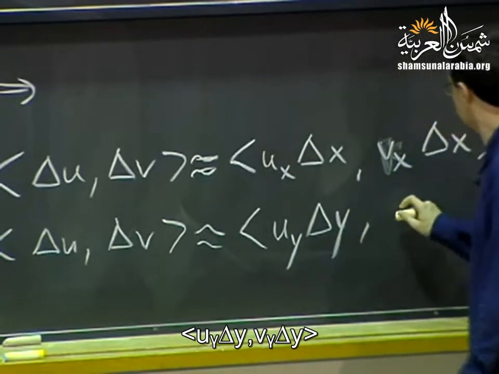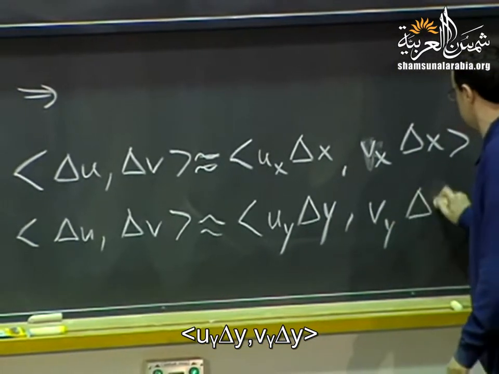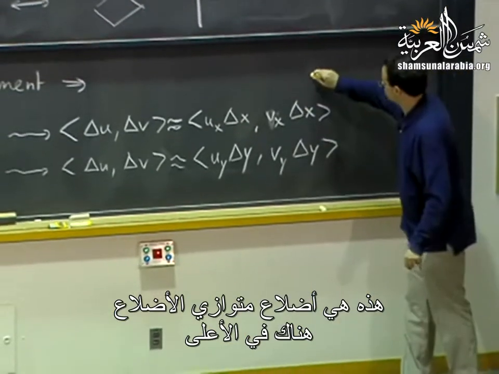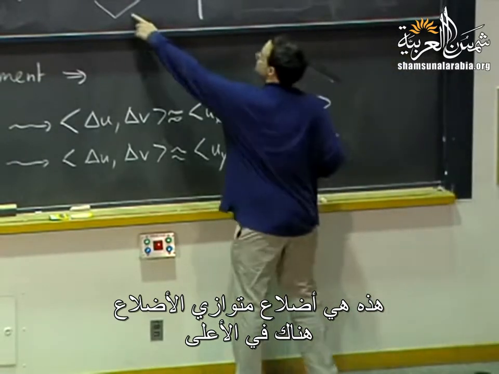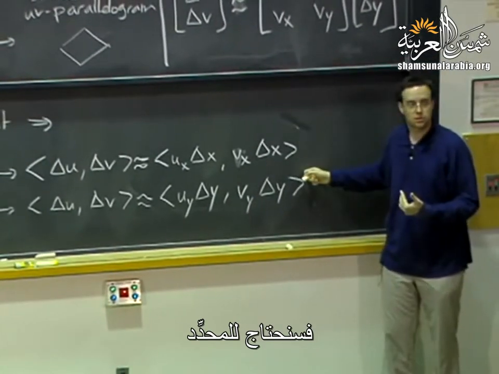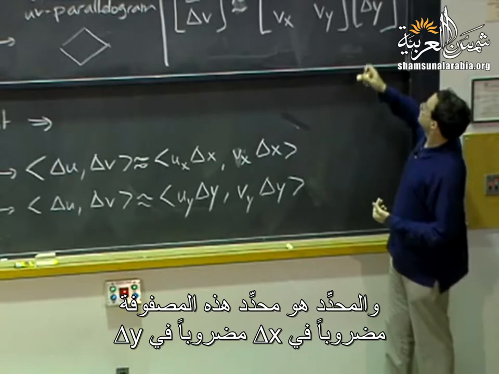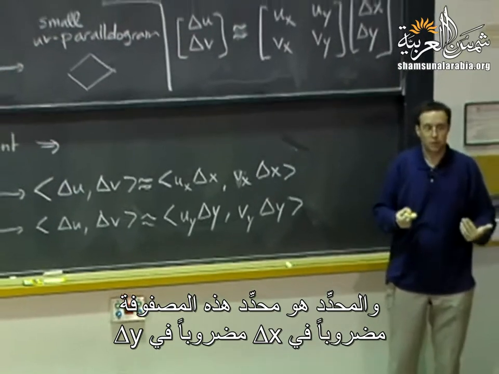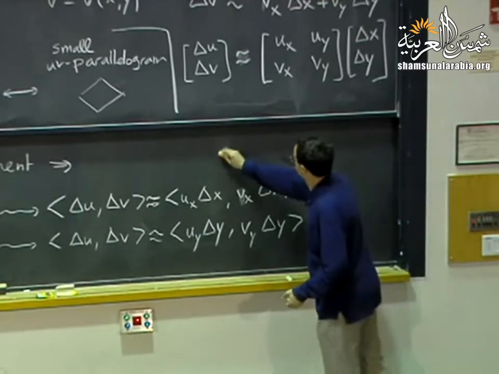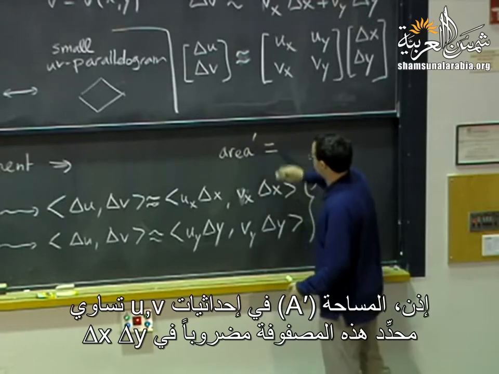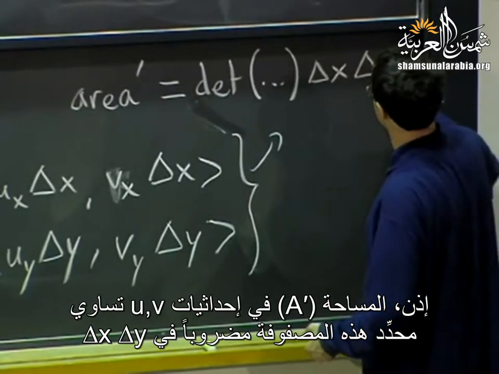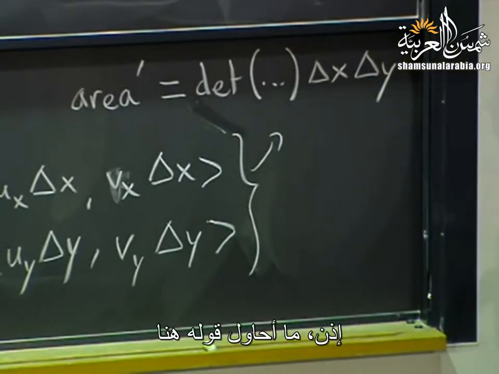That's u sub y delta y, and v changes by v sub y delta y. And so now if you take the determinant of these two vectors, these are the sides of your parallelogram up here, and to get the area of the parallelogram you need to take the determinant. The determinant will be the determinant of this matrix times delta x times delta y. So the area in uv coordinates will be the determinant of the matrix times delta x delta y.